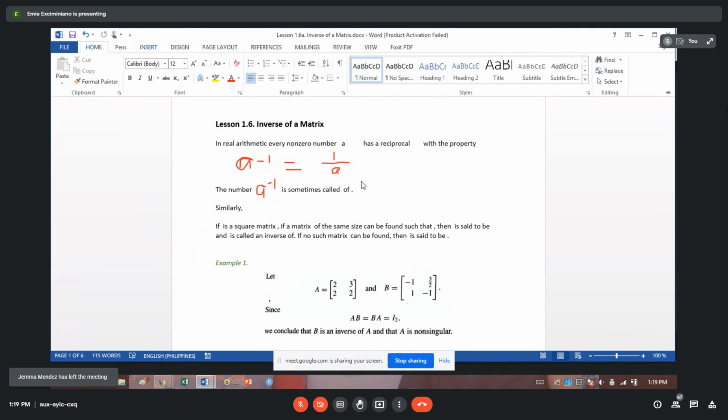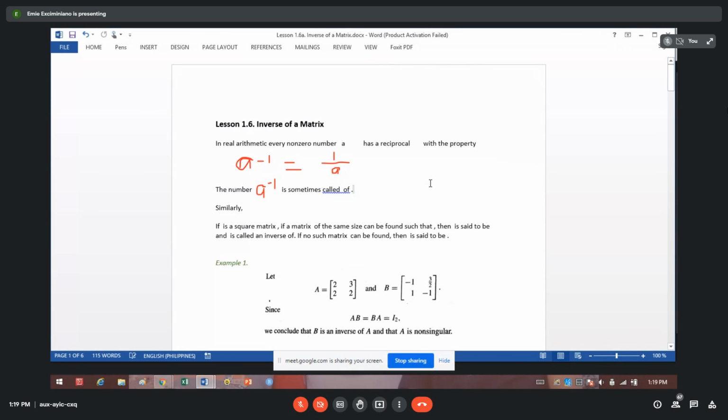Okay. Ano lang naman to, real arithmetic lang of multiplicative inverse of A. Okay?